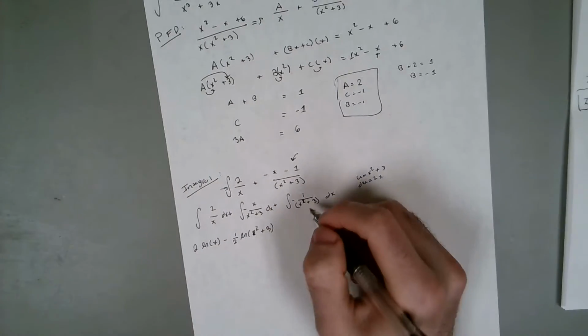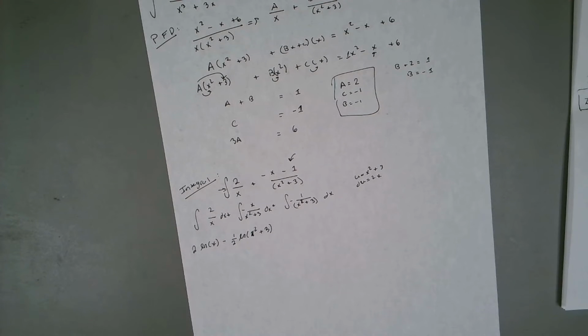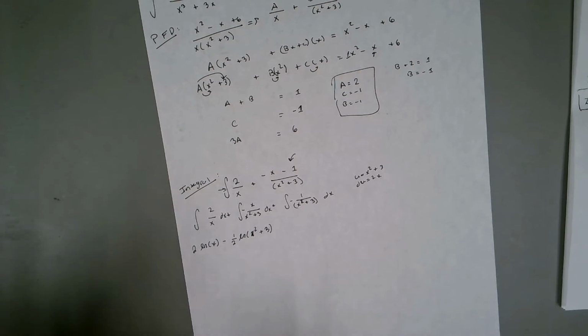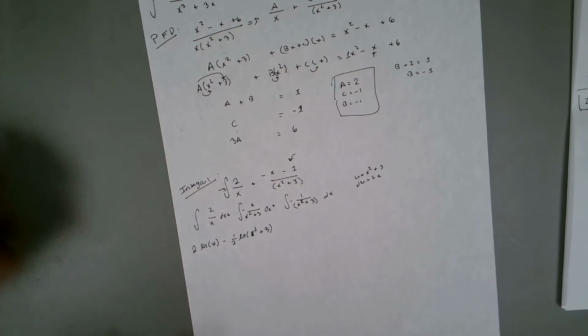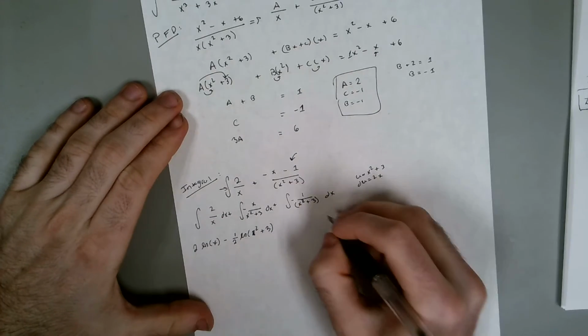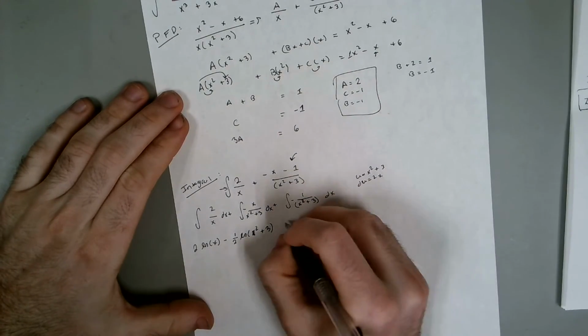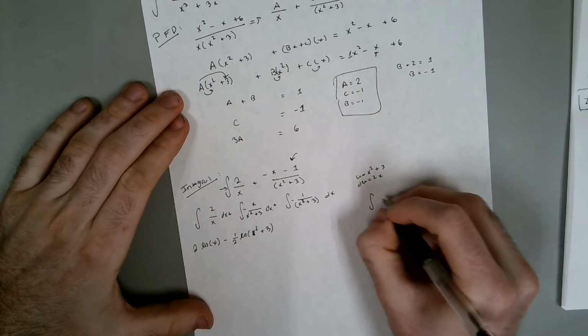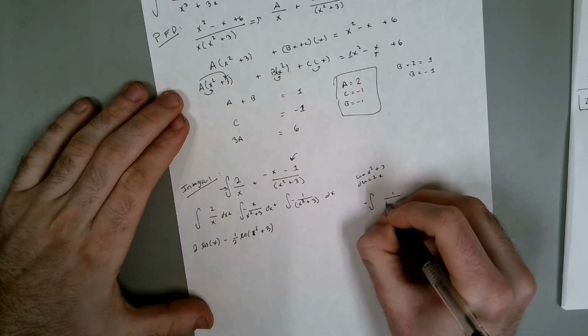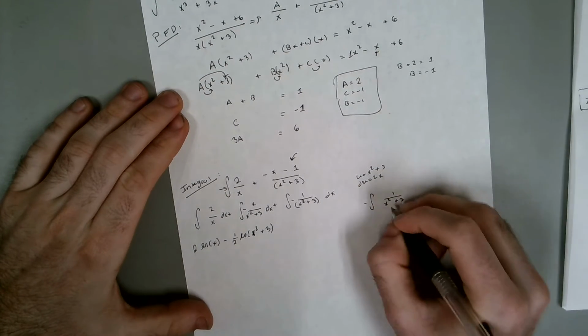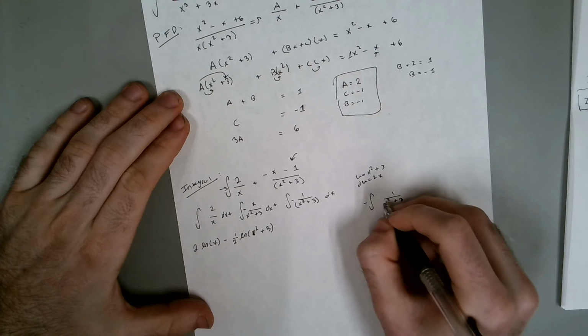And then here we actually have an arctangent, but it may not be immediately obvious. So I'll go through what exactly you would expect on the scalars for the arctangent. So here, let's just evaluate this integral here. Negative 1 over x squared plus 3. So here, let's pull out a 3.